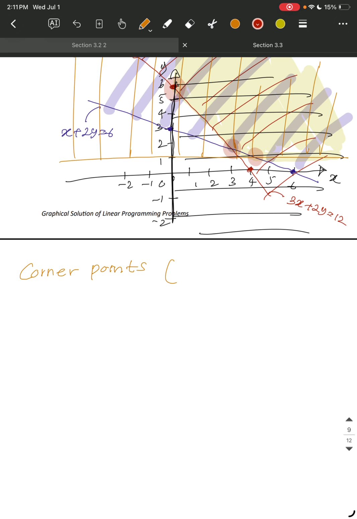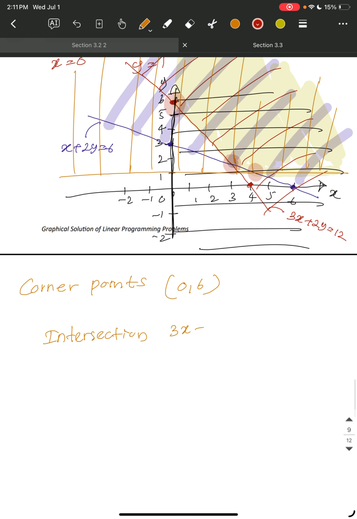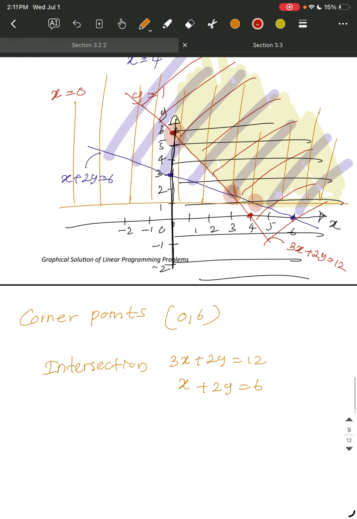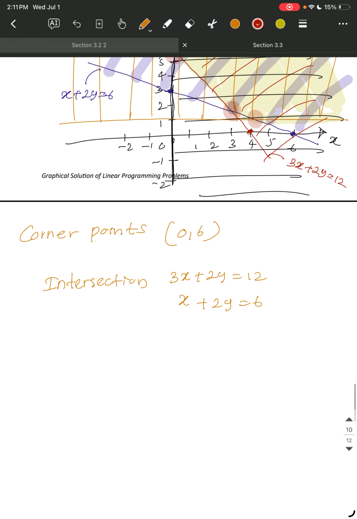Okay, corner points. The first one we know, 0, 6. The second one we don't know. We want to find the intersection of the red and purple lines: 3x plus 2y equals 12, and the purple one, x plus 2y equals 6. We can easily find it, right? And also the third corner point, the intersection of y equals 1 and the purple line, x plus 2y equals 6.